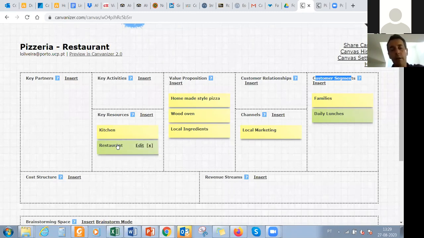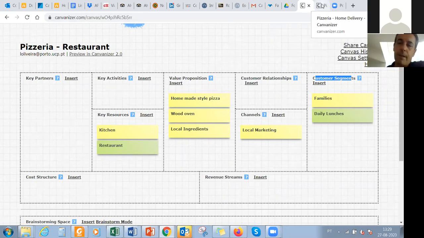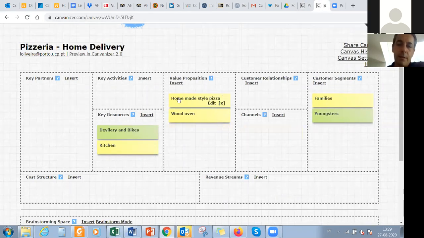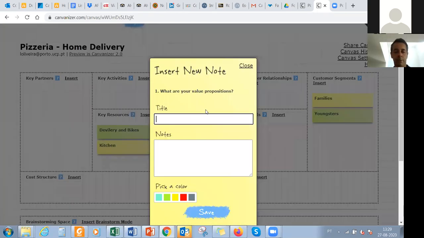We can think of the same product, but the business could be organized in a very different way. We can have the same homemade style pizza, produced in the oven, with local ingredients.